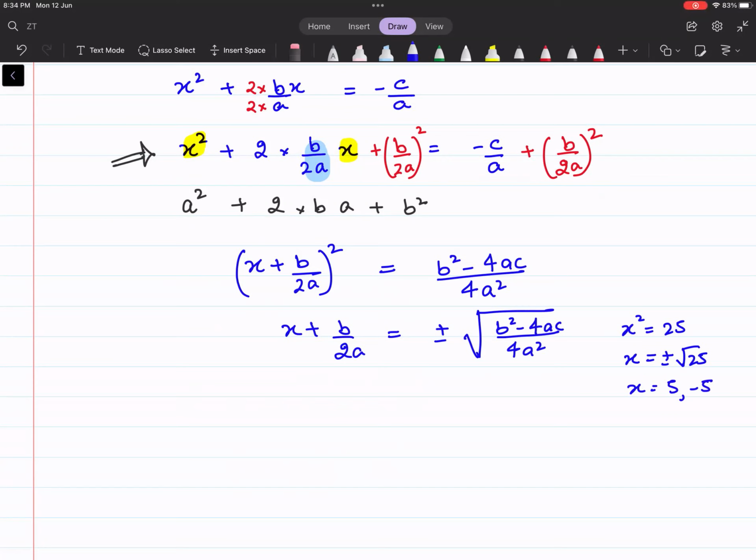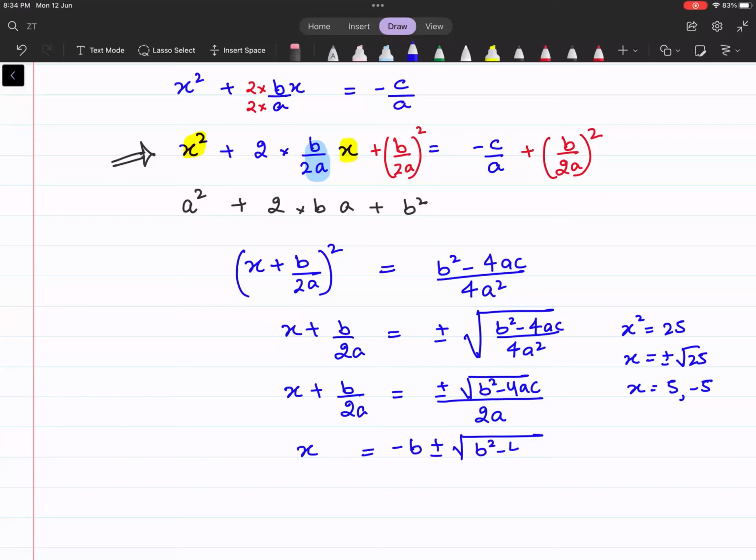Now on simplifying further, we get x + b/2a = ± √(b² − 4ac), and in the denominator, the square root of 4a² is nothing but 2a. So x = (−b ± √(b² − 4ac)) / 2a.